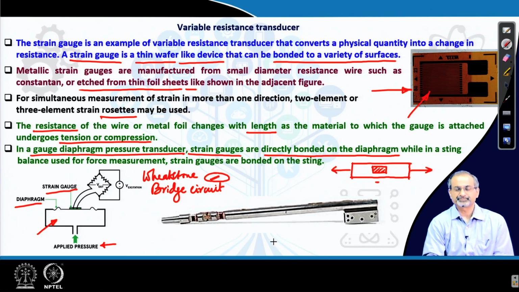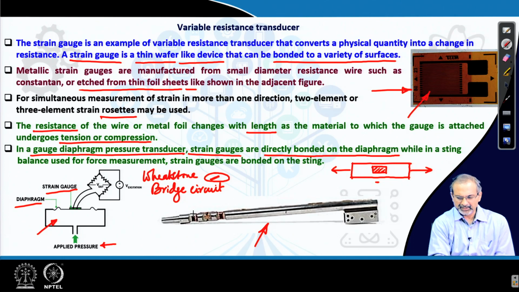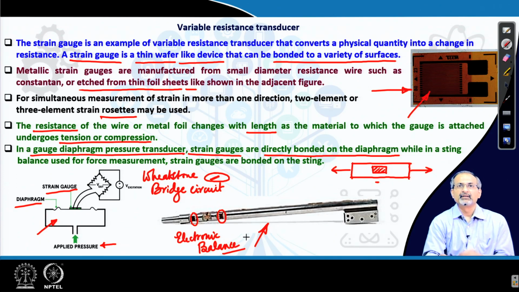This is an example where strain gauges have been stuck on the surface of an electronic balance. We have earlier seen a schematic diagram of a mechanical balance, where we had used wires on which spring scales were suspended.